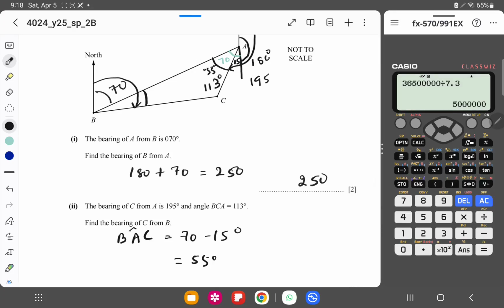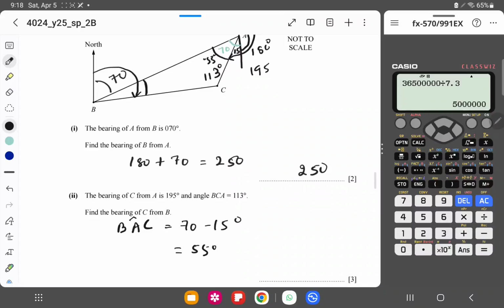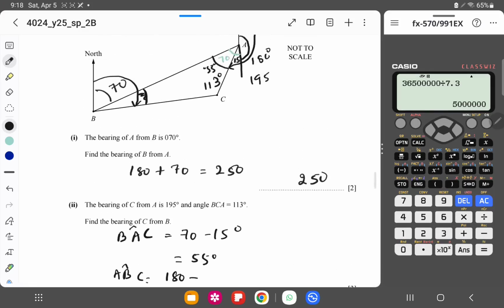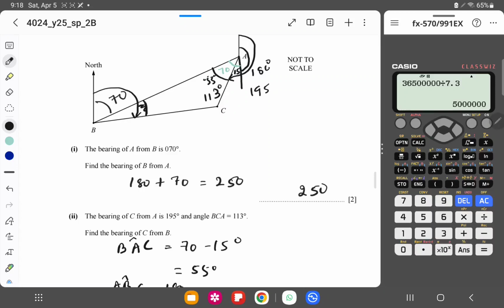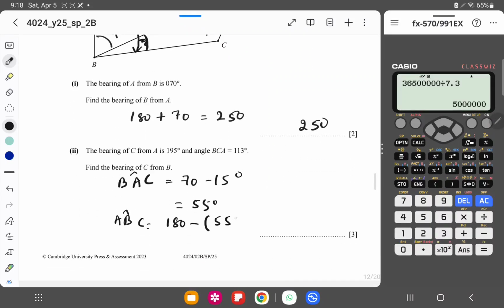This is easy for us to find out the angle ABC. ABC is equal to 180 minus, you have angle 55 and 113.